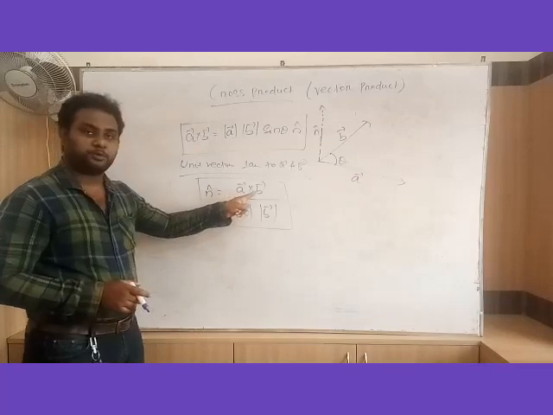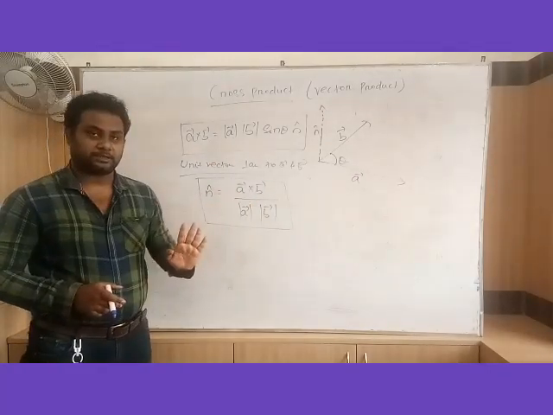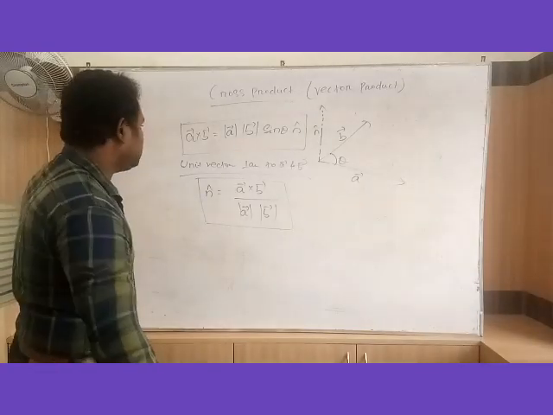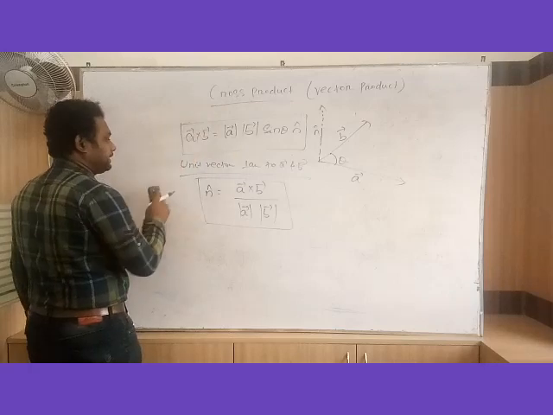Take the cross product of the two vectors, then divide it by the magnitudes of the two vectors. Then come to how to find the angle between two vectors.